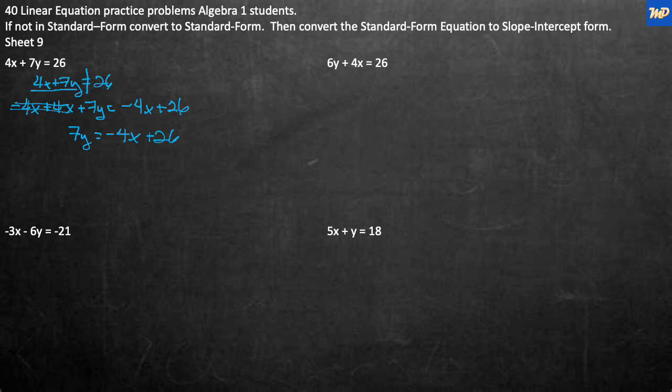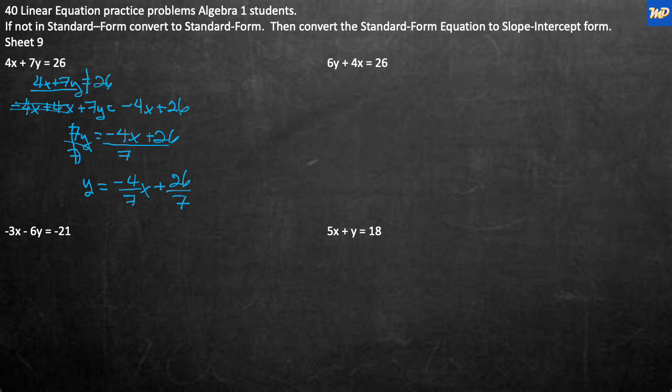Now we have to get the 7 away from the y, because the y needs to be a singular positive y. So we're going to divide everything by 7. Divide by 7, and divide this side by 7. And when we do that, these 7's go to a 1, and we're left with y equals negative 4/7 x plus 26/7.